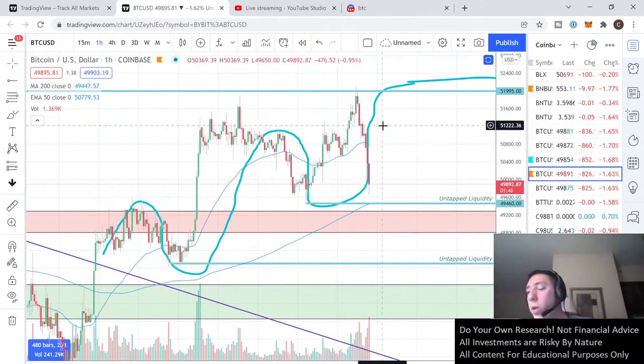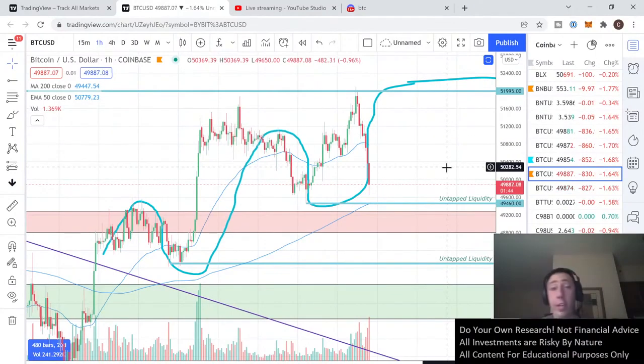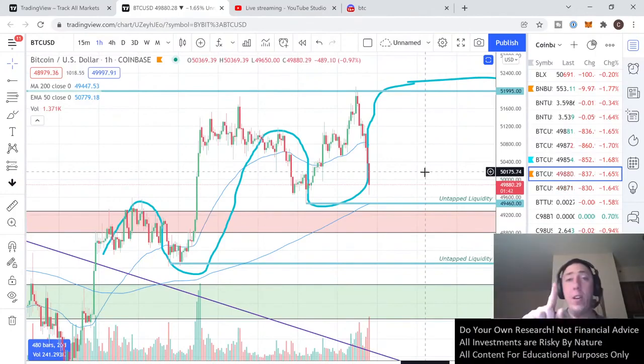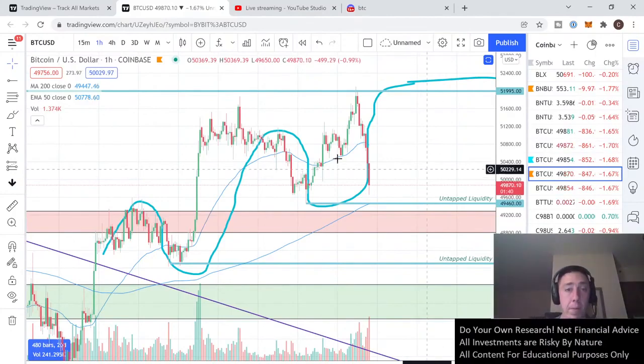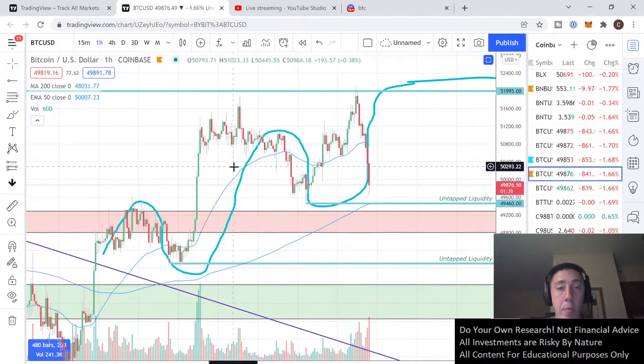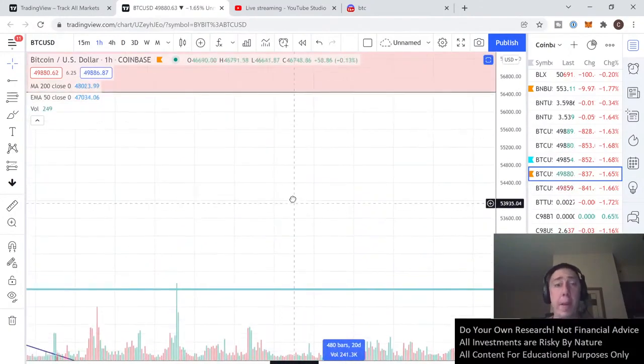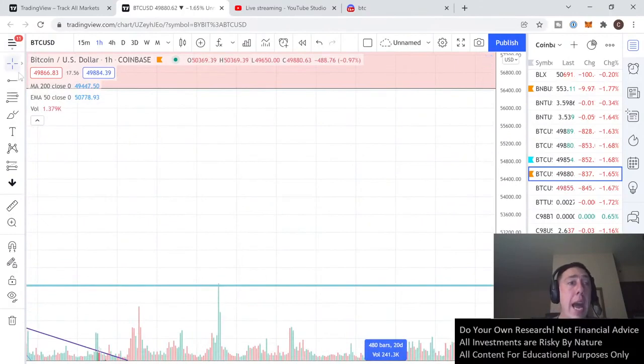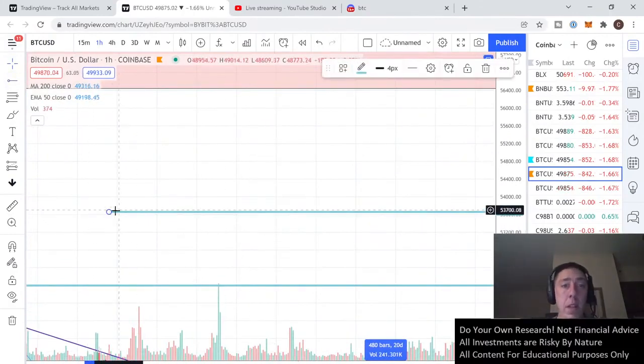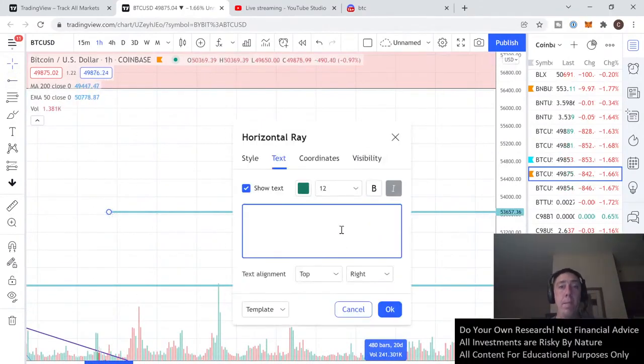All right. So what's the best way to determine the manipulation by whales? Great question. Very easy to answer. Now think about this logically.